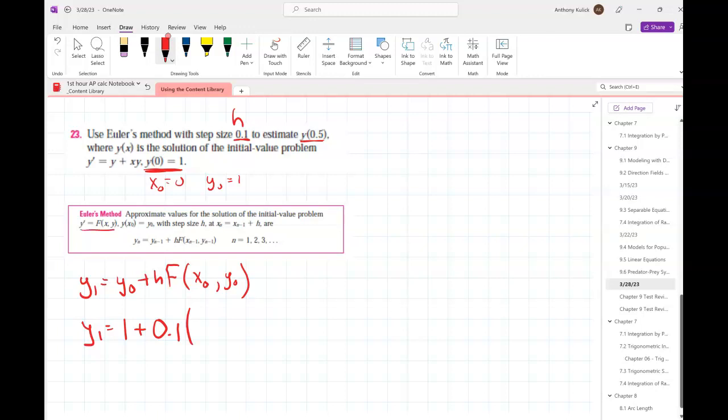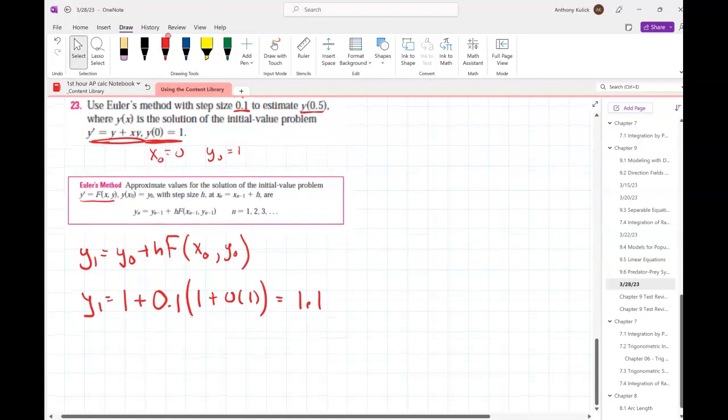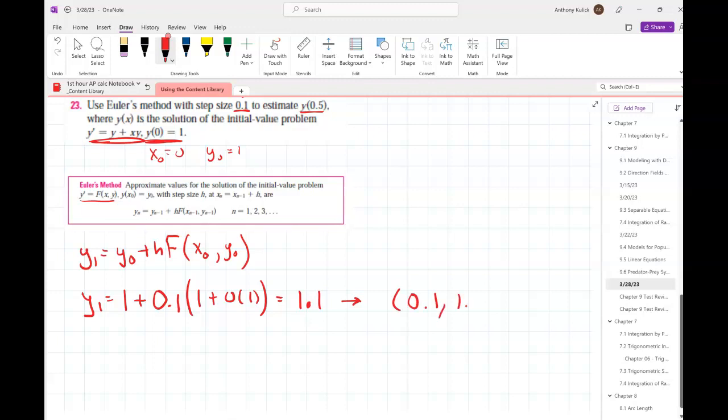So when I do that, I'm going to be plugging 1 in for y, 0 in for x, into the derivative given up here. So that's going to give me 1.1. Okay, and you put that where the 1 is. So now my first approximation is this point.